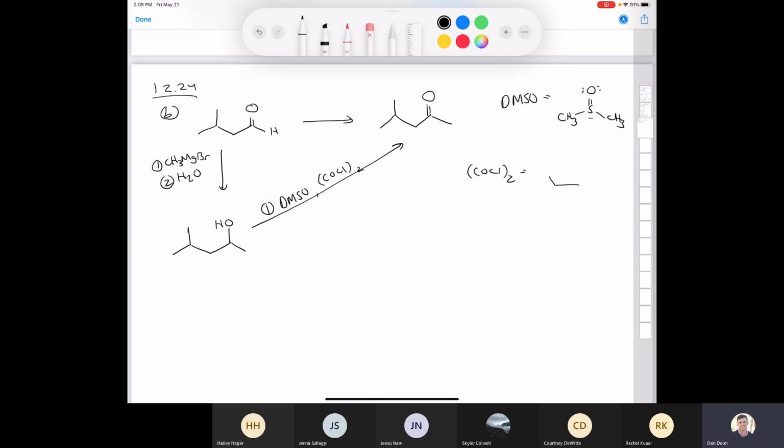So you have two carbonyls, you have two chlorines like that. And then in the second step, you treat it with triethylamine. And triethylamine is just an amine that has 1, 2, 3 ethyl groups on it like that. There we go. Any one of those ways would work. Any one of those ways is perfectly reasonable.